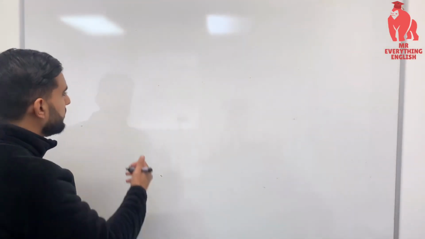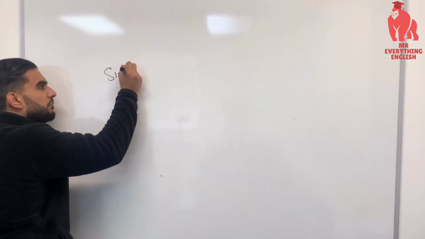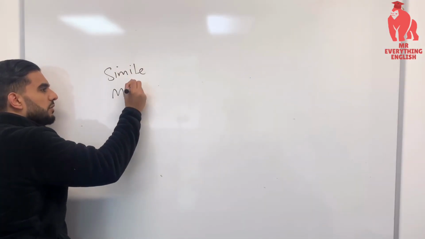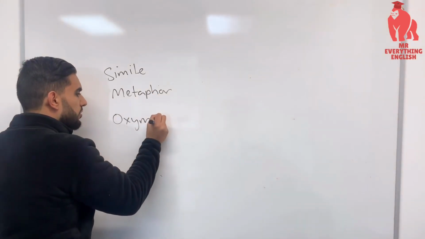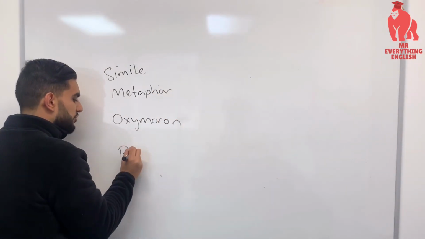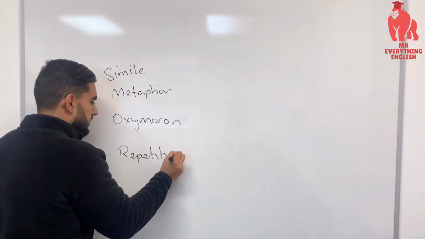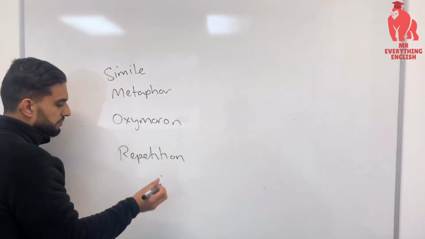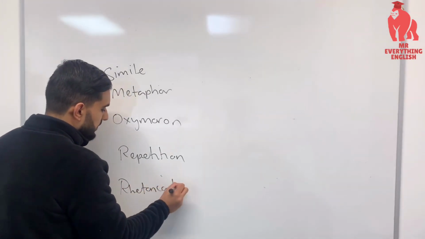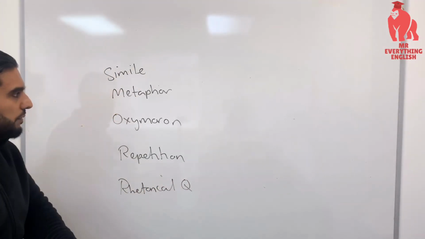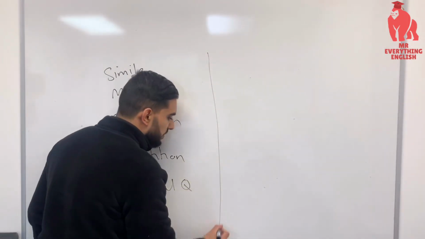So guys, language devices, I'm looking at things like simile, metaphor, oxymoron, repetition, so many, rhetorical question, and the list goes on. That's what I mean when I say language devices.